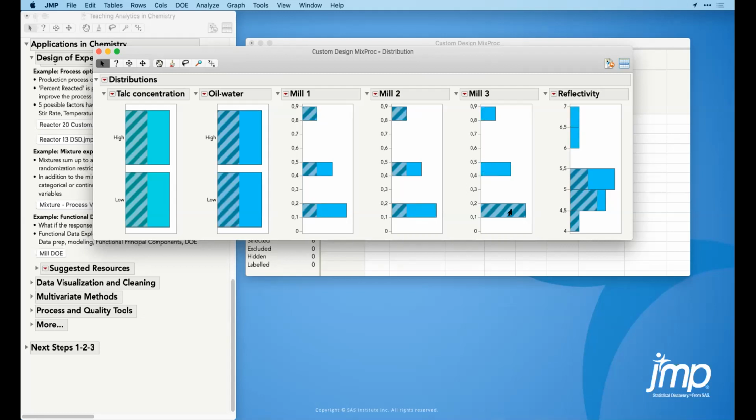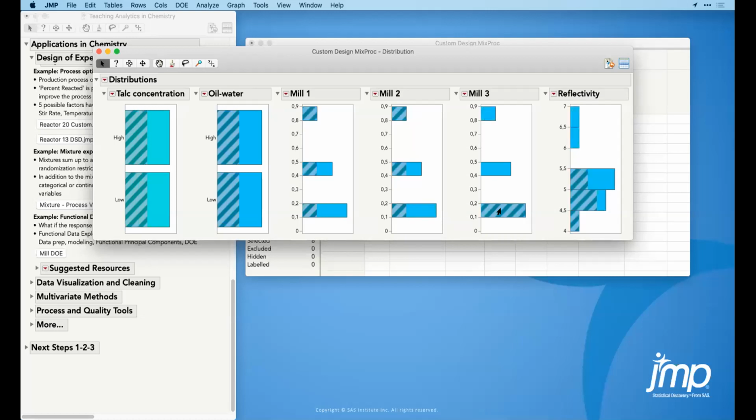And if I select a setting on a mixture, here we see if I choose the low mill 3 on the third milling stage, a low value, I can still select low, mid, or high on the other 2 stages. But if I do 80% on the third stage, for the other 2, there are just 10% left in order to sum up to 100%. So they are not independent.